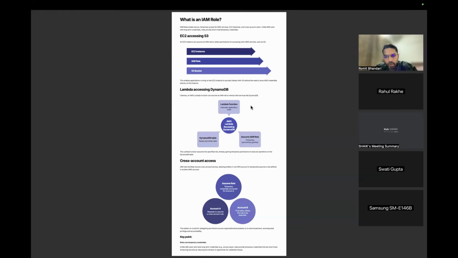So what again needs to happen is the account A would need to request to assume a cross account role, which is a role in account B. The trust policy in account B should allow the role to be assumed by account A. Okay, once that trust policy is there, then after assuming the cross account role, via temporary credentials provided, account A can access account B's service. Okay, that's the idea.